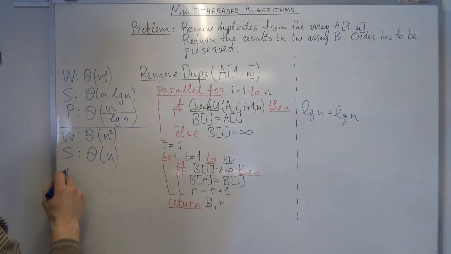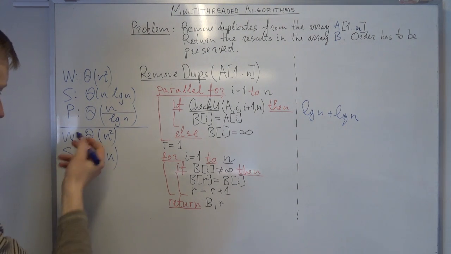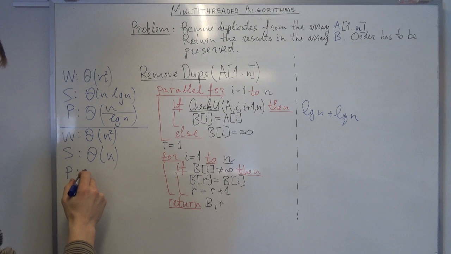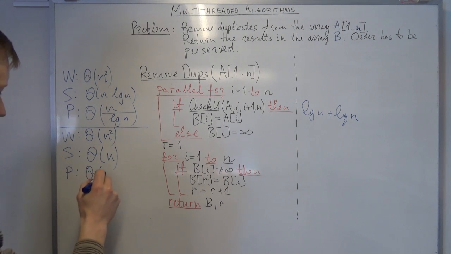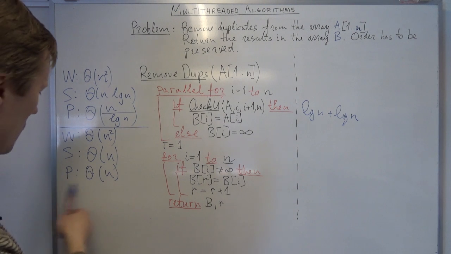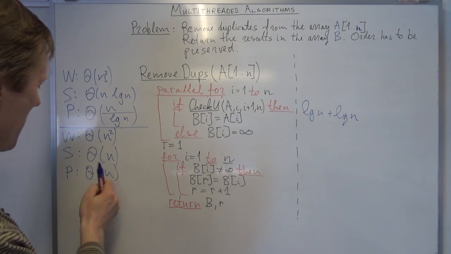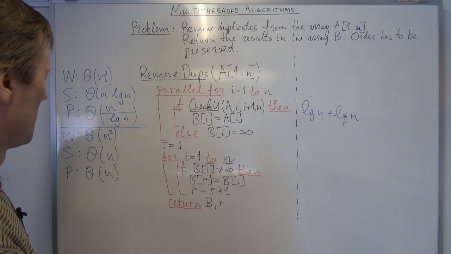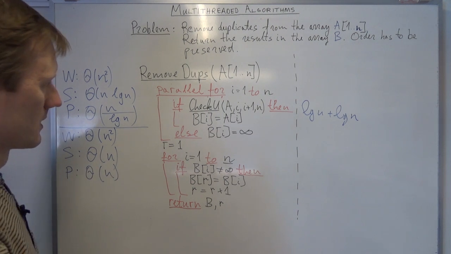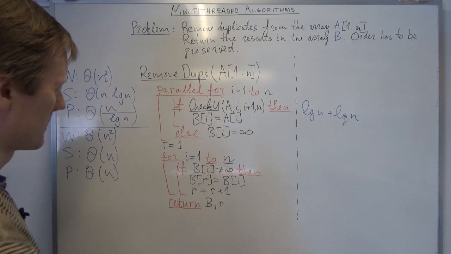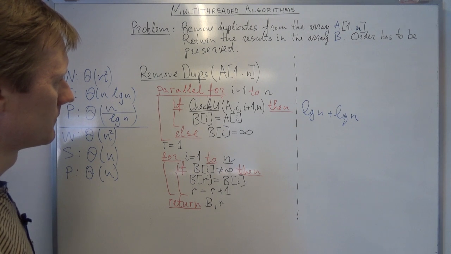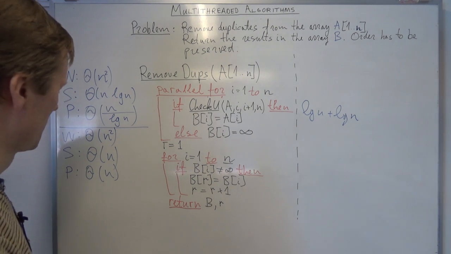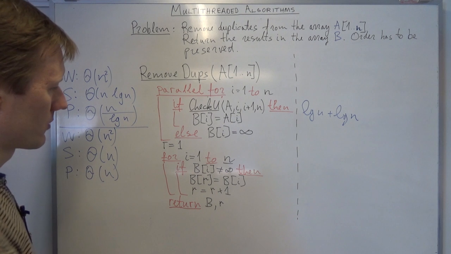And then this means that the parallelism is work divided by span, which in this case is just n. So now we have an algorithm with parallelism of n and the span of n. So for all practical purposes, this is enough parallelization. We can use all n processors.